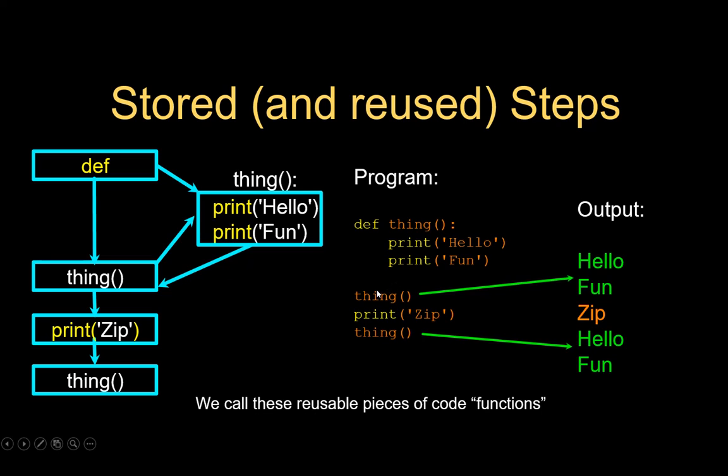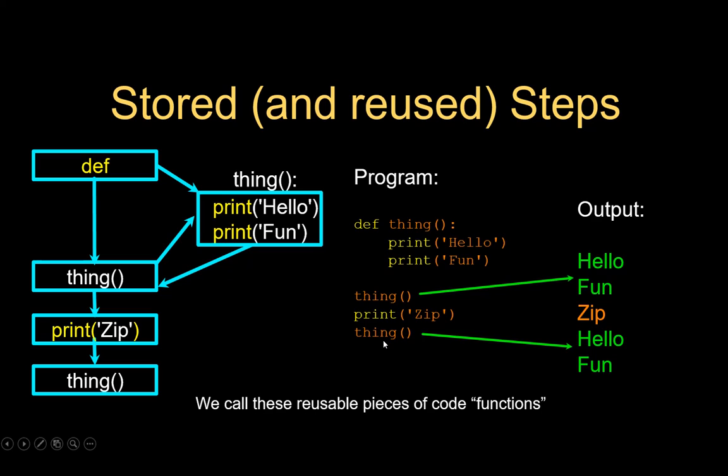So for example, if we define the function here, which has a print hello and a print fun inside of it, when we call the function, it will print out hello and fun, and for example, we have another print, then we see the output of this print, which is zip, and we call it again, which will produce hello and fun for us again.